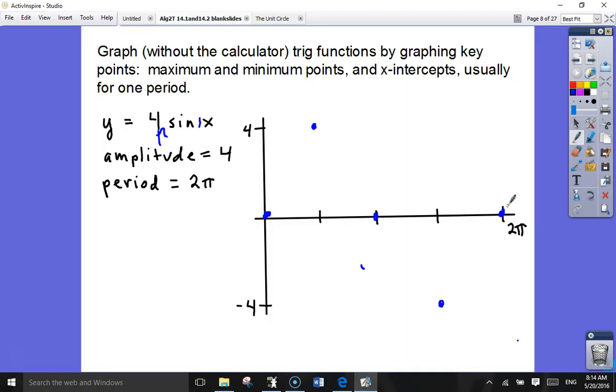You're graphing the 3 zeros, and you're graphing a maximum and a minimum. And because we know what the shape is we're aiming for, that should be plenty to just sketch a curve now. It's kind of hard on this tablet. So there's the graph.